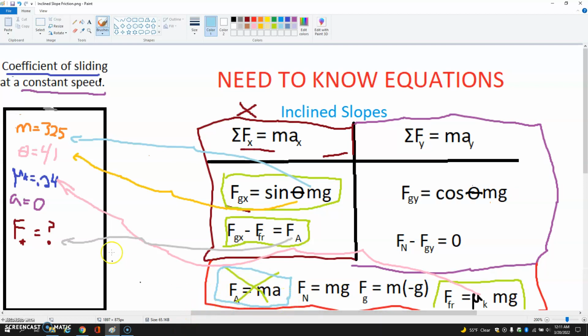Well, you can't, because acceleration is 0. That would make the force applied 0, and it is not 0. So again, using a given to eliminate that option, it leaves us with the 3 that I've boxed in green. And I'll be solving them in part 2.